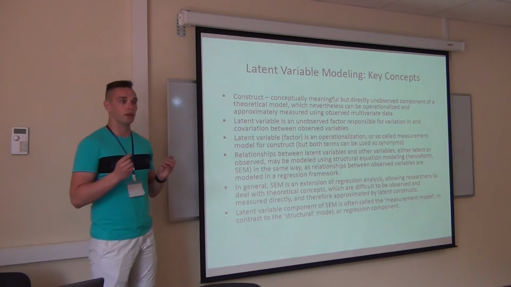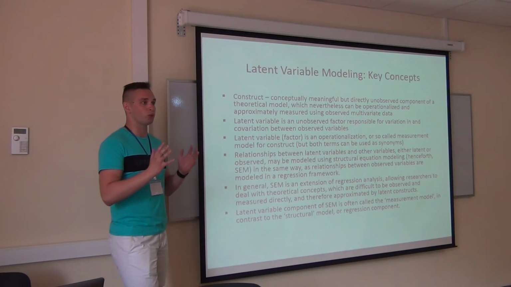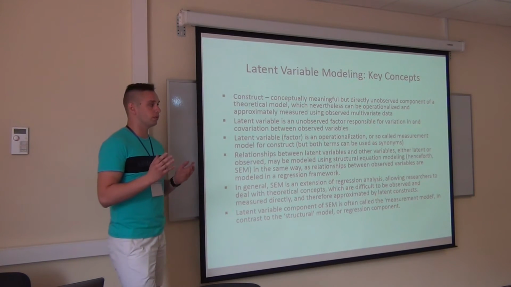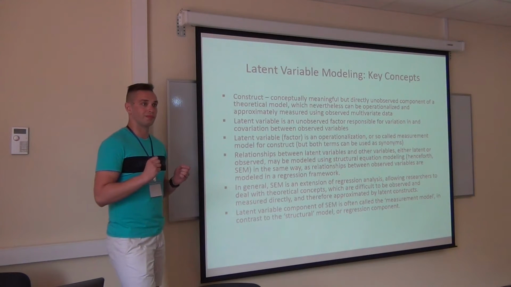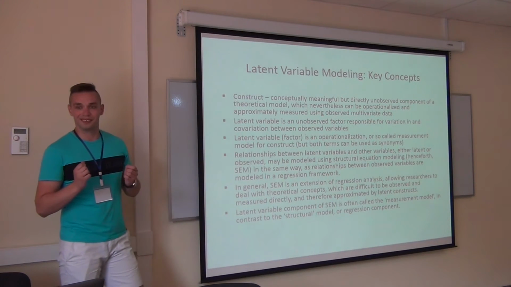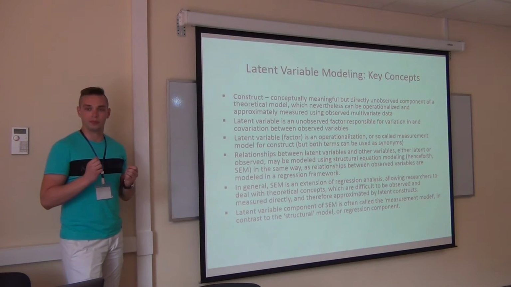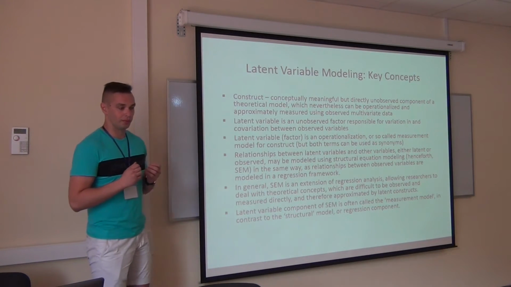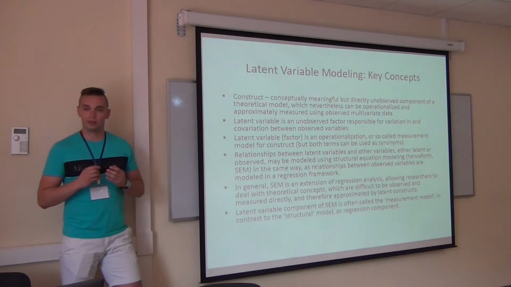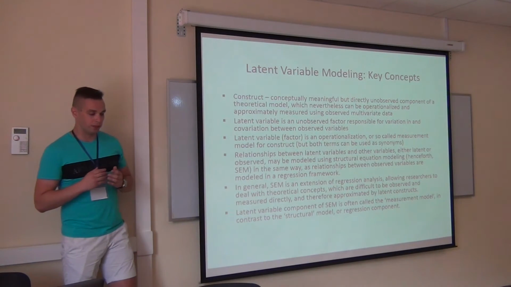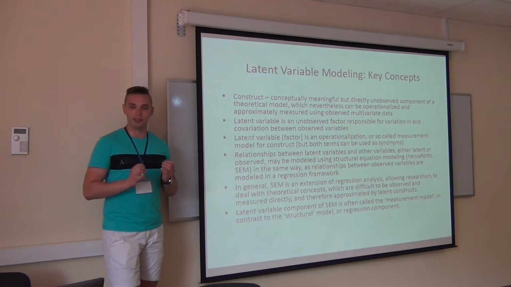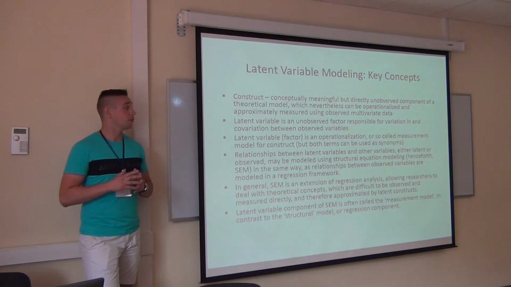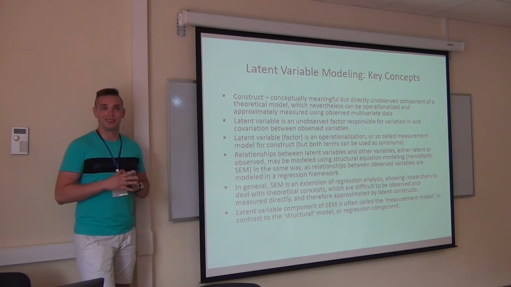Who can try to say a few words about his or her own understanding? What is a latent variable? A variable that cannot be directly measured, but can represent itself in its manifestations, which we can measure. Several manifestations. Okay, can you give an example of a latent variable? For example, religiosity is a latent variable.